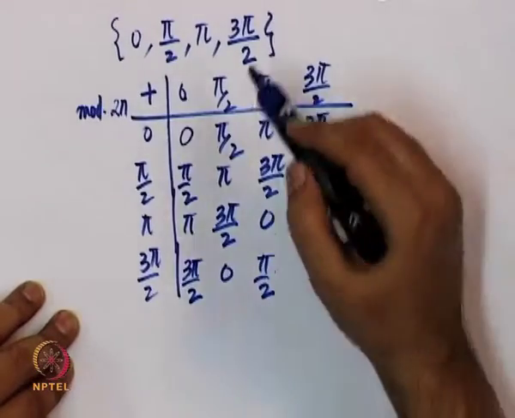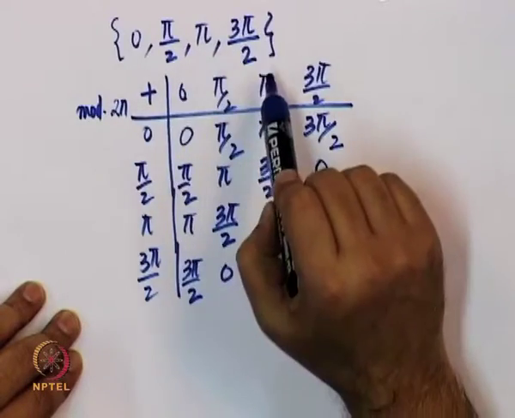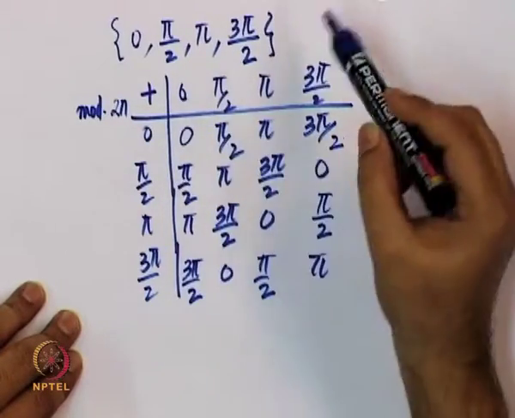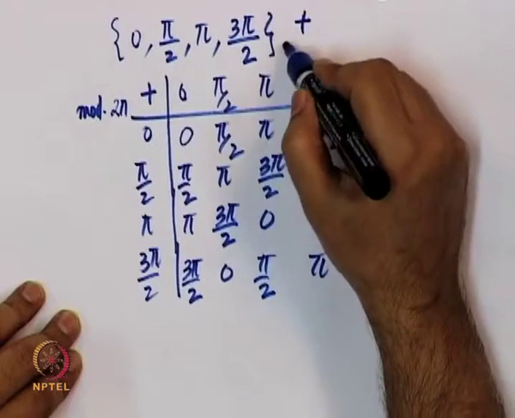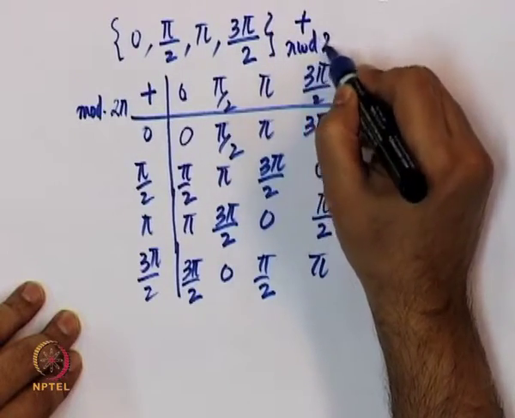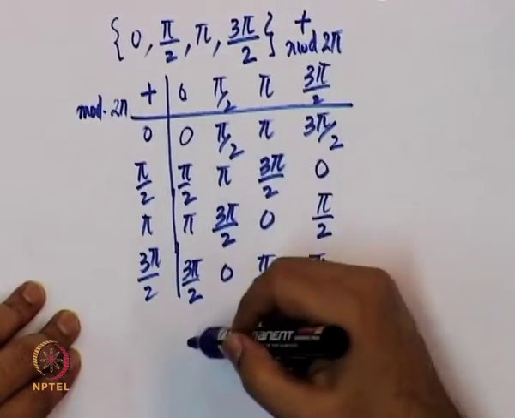Now, you can say that the set consisting of 0, pi by 2, pi and 3 pi by 2, where the group operation is addition modulo 2 pi, forms a group because it has closure.